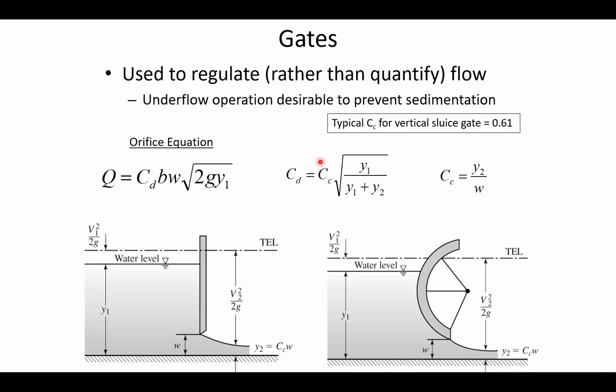So you calculate a coefficient of discharge with the coefficient of contraction and then the ratio of the depths. And this same equation applies whether you have a radial gate or if the gate itself is flat. Any questions about this equation?